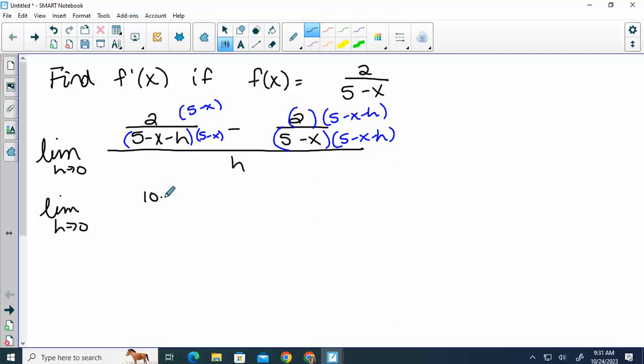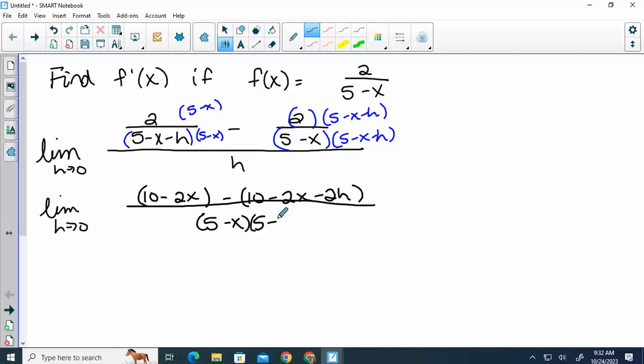So that gives me 10 minus 2x minus, this would be 10 minus 2x minus 2h, all over my denominator. And this is over h, or you could say h over 1.